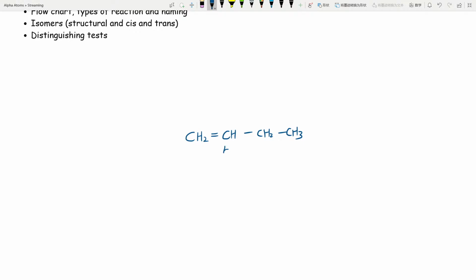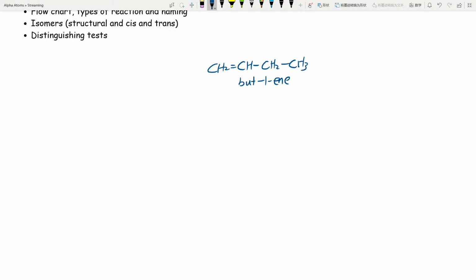So this is but-2-ene, which is an alkene. Actually, let's get rid of this, because I need all the space I can get. I'm going to do it up here. Right, so this is but-2-ene.